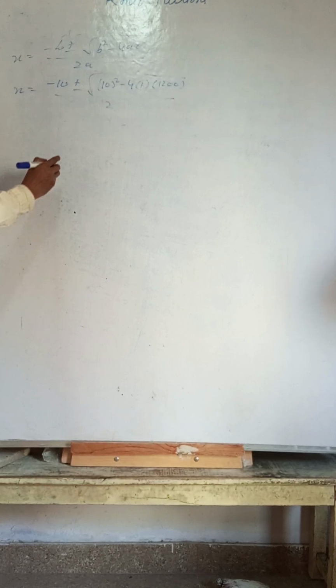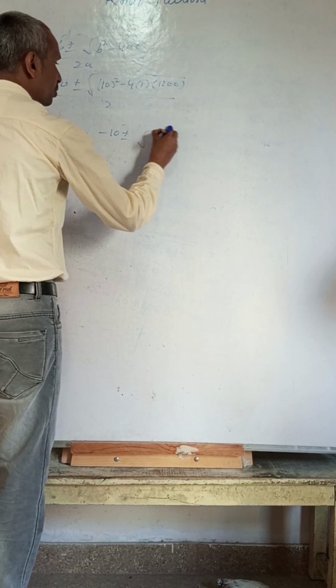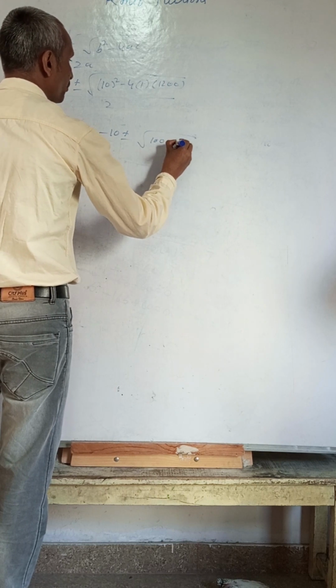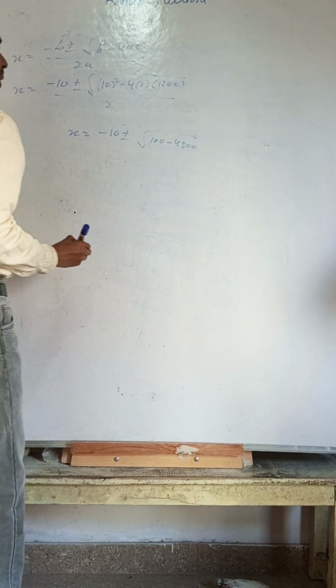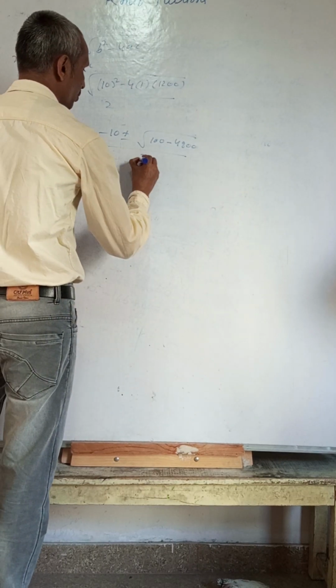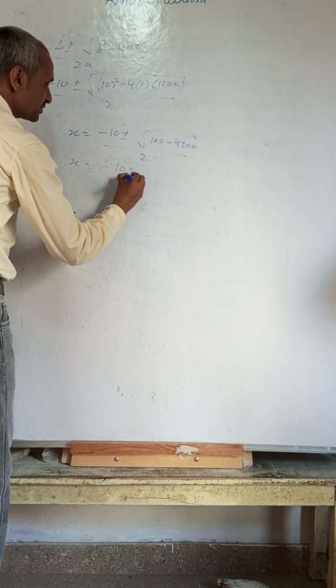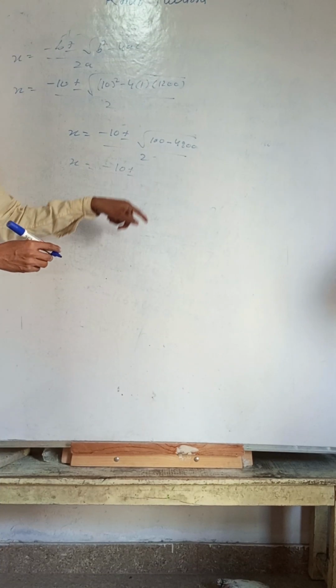Now next we can write x is equal to minus 10 plus minus root 100 minus 4800, by 2. Then x is equal to minus 10 plus minus, in that we are taking the minus.